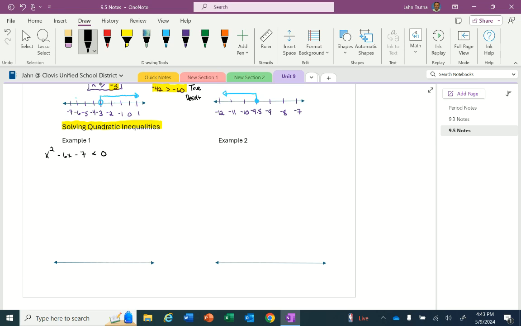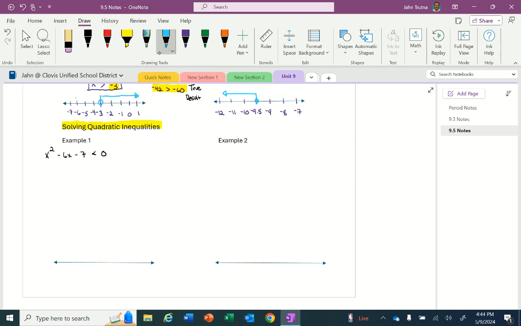In quadratic inequalities, we're always going to have the right portion of the inequality as a 0. Once again, I solve this exactly as if there were an equal sign instead of the inequality symbol.